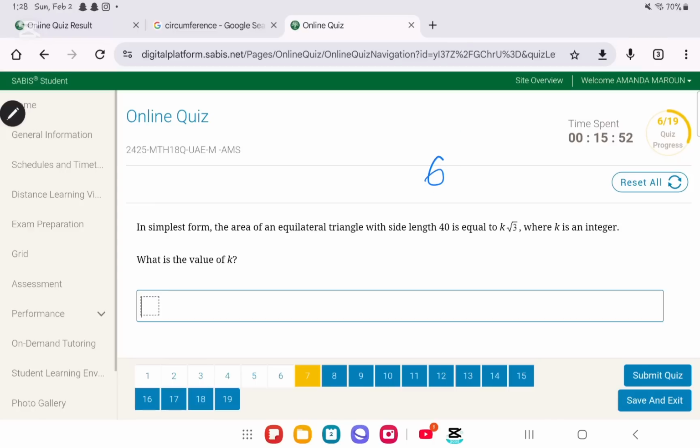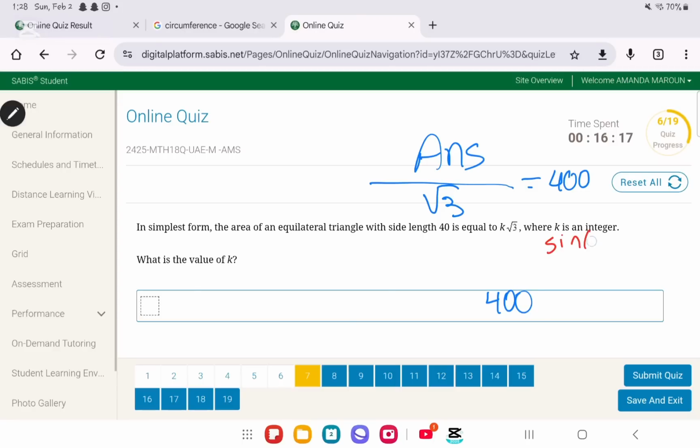But here is where we come into a bit of an issue. The answer was 692.8, but as you see, they needed k radical 3. You can do this in many ways. You can take the answer on your calculator and divide it by radical 3, and you get 400. Or you could play it smart.